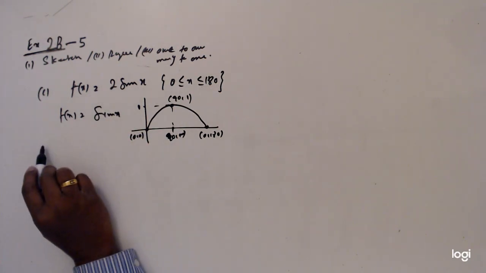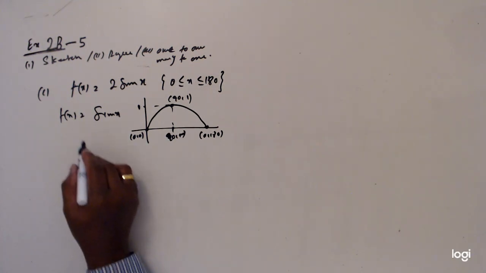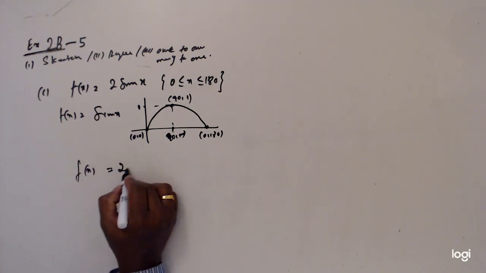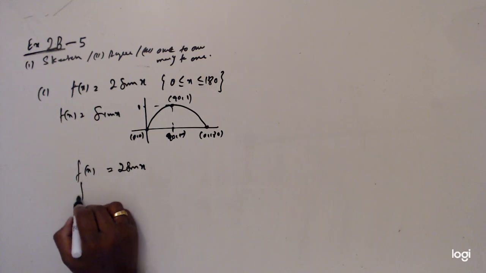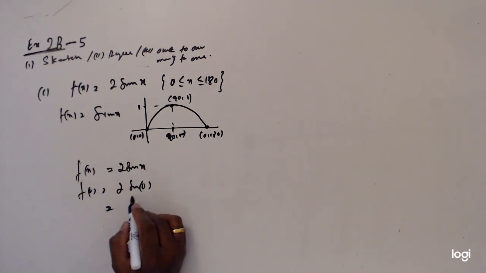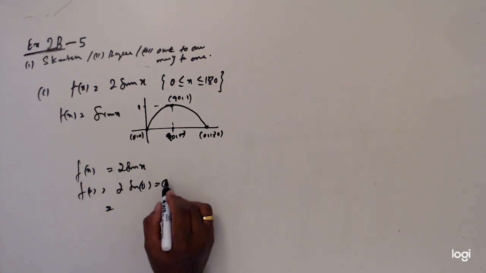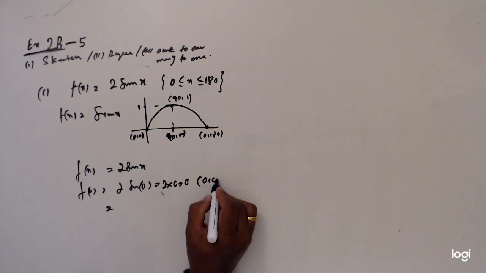Now, what will happen for f(x) equals 2 sin x? So we'll put x equals 0, 2 sin 0, that is 0. Sin 0 is 0. 2 times 0 is 0. That is (0, 0).